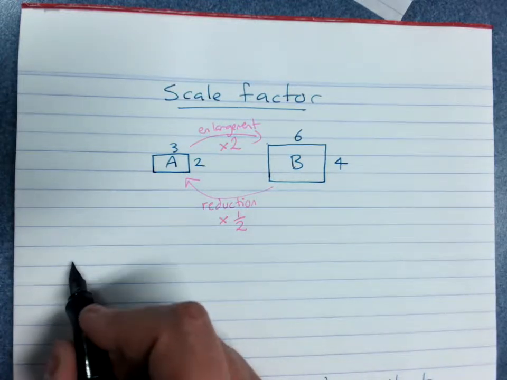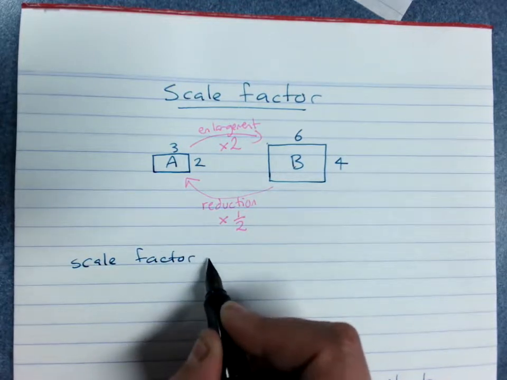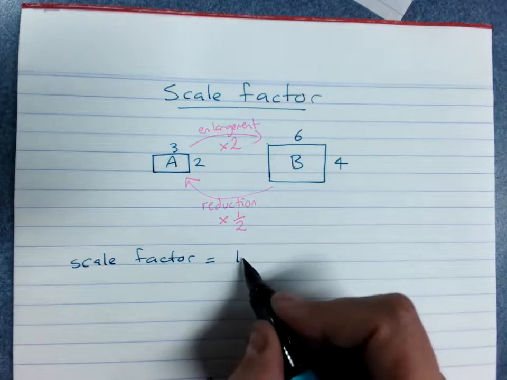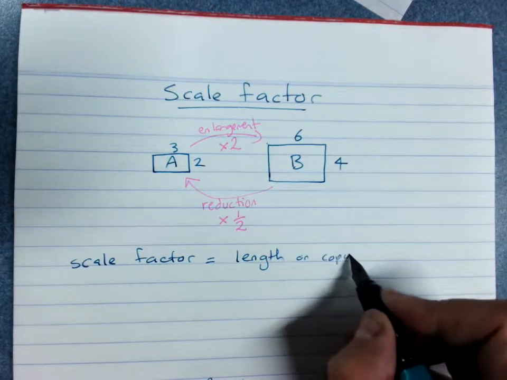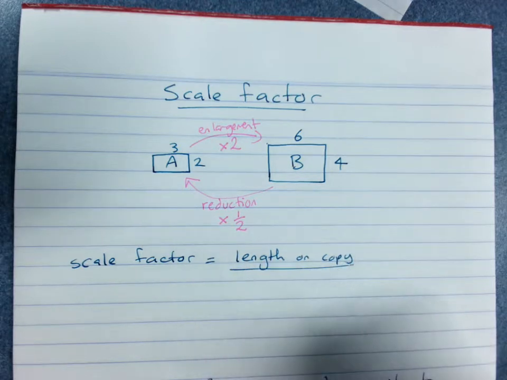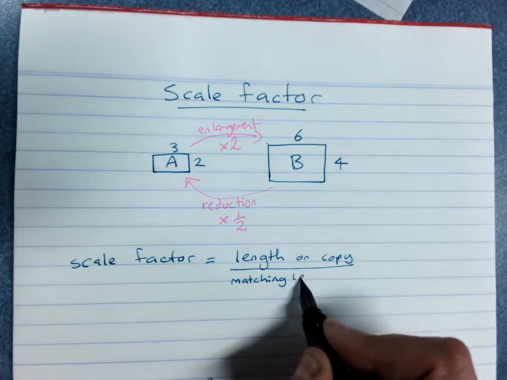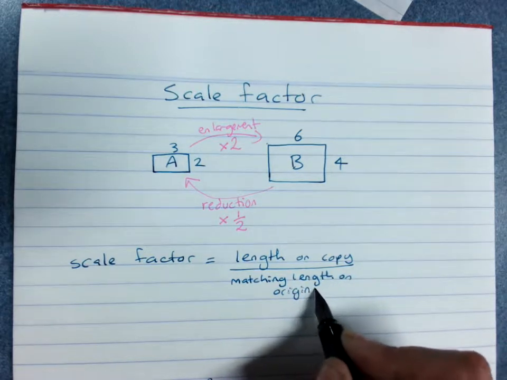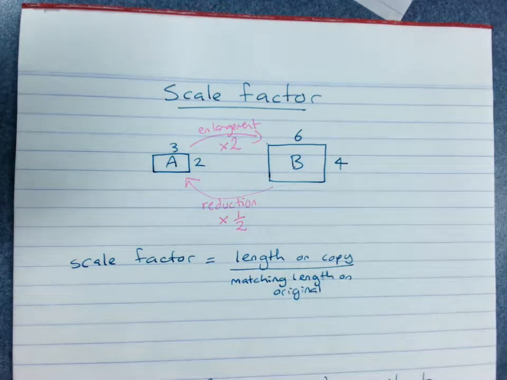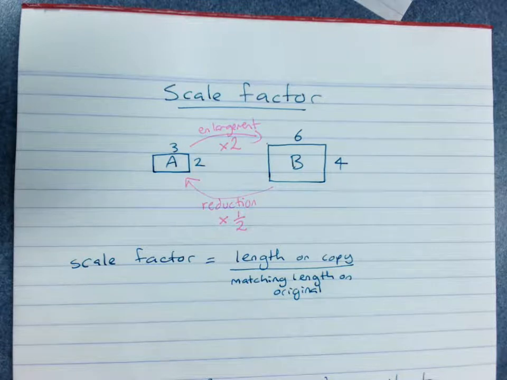Our scale factor is found by dividing a length on our copy by a matching length on the original. So whether it's a copy or an original is dependent on the situation.